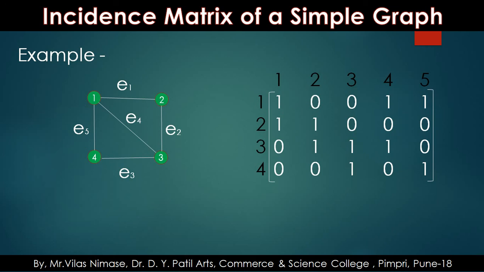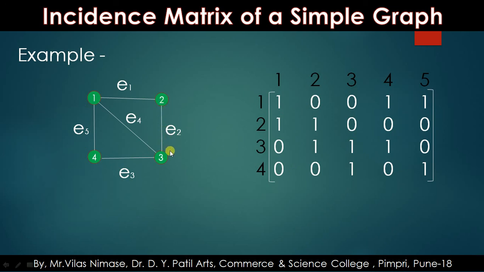Therefore, in incidence matrix of this graph, the entry at first row and first column and entry at second row and first column both are 1 and all other entries in first column are 0. Now see, in this graph, edge E2 joins the vertex 2 and vertex 3.